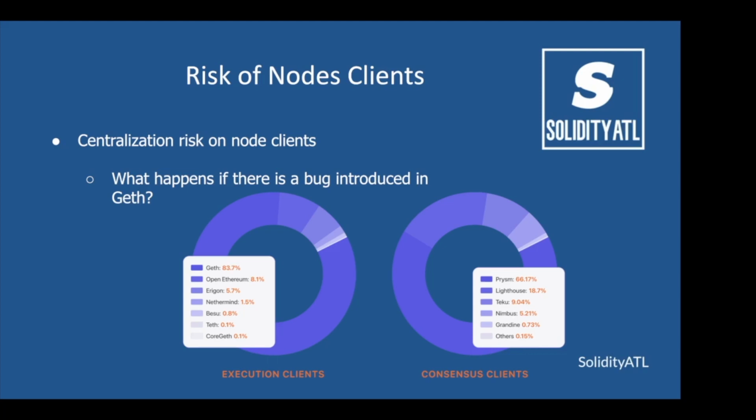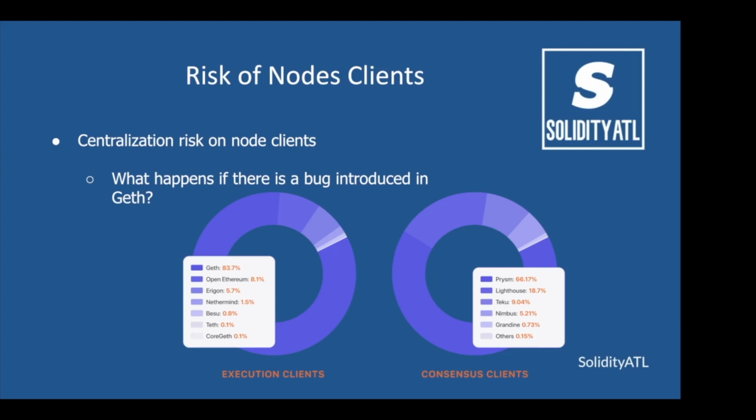One of the risks that comes with any protocol is centralization. And on the protocol level, one of the areas where it can appear is in the diversity of node clients.